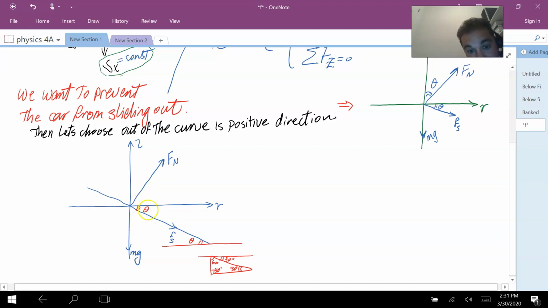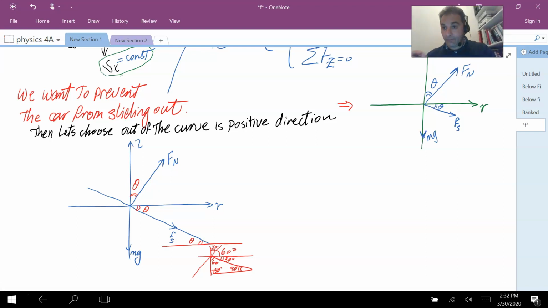Let's say this theta, for example, which is 30 degree, then if that is 30 degrees, watch it. If this is 30 degree, how much will be this? 60. Then how much will be this? 30. Correct? That's why if this is theta, this will be theta, then this will be also what? Theta. Makes sense? This is a very important section of this problem. But you have to know what's going on.